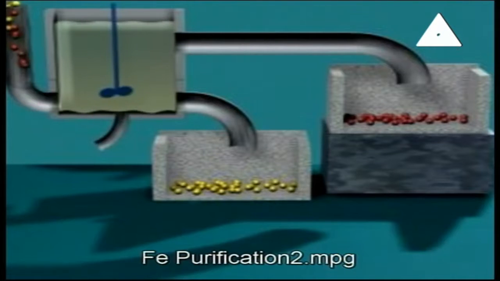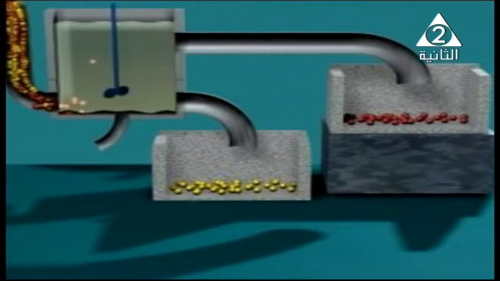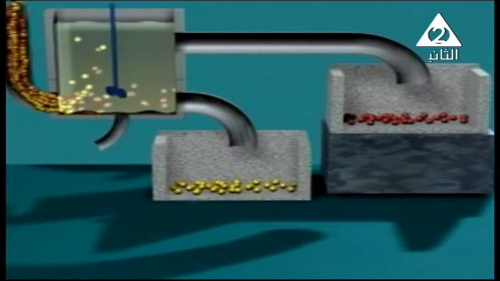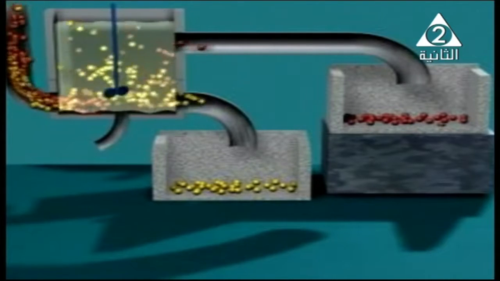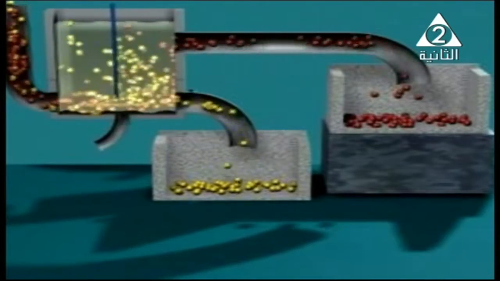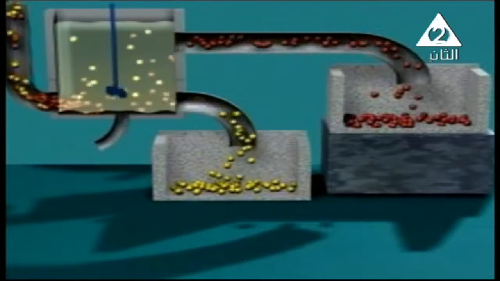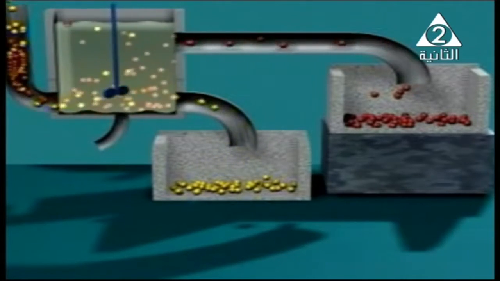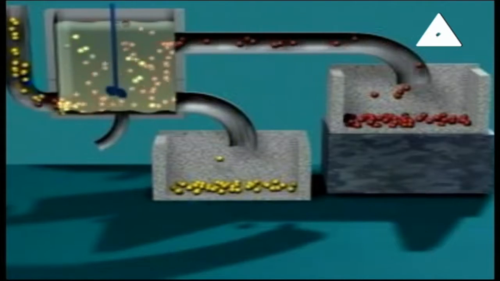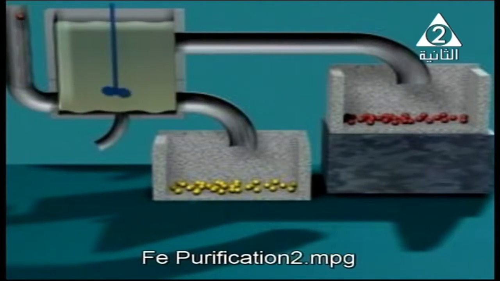As shown on the screen, the iron ore is put through water and oil such that the oil is mixed with the ore, and the sand and other impurities are at the bottom, so we can separate the ore from the sand and other impurities.